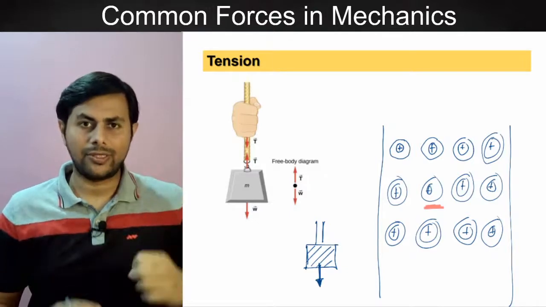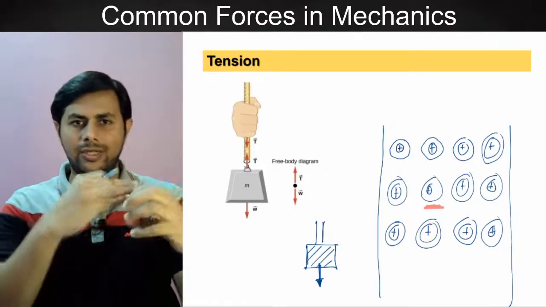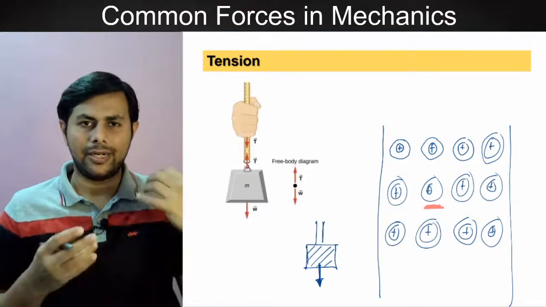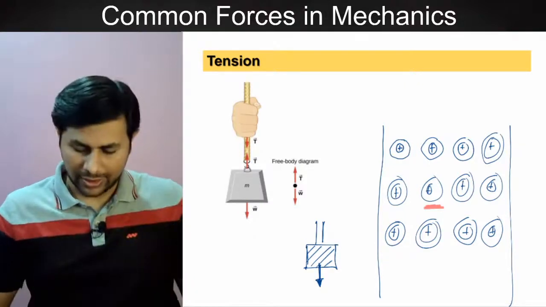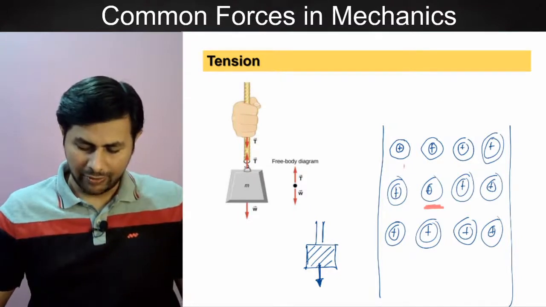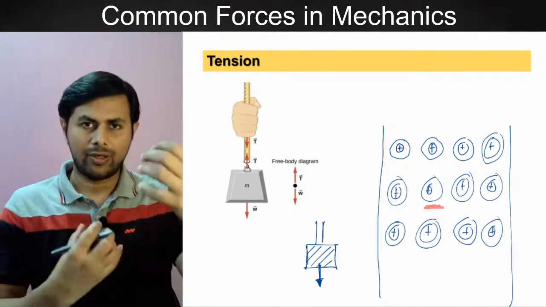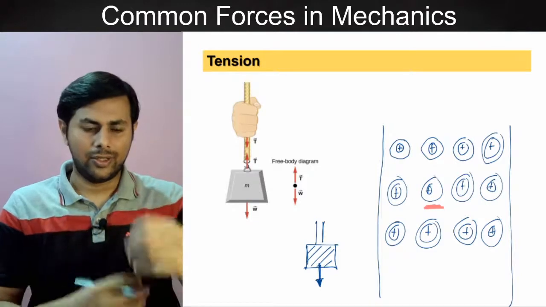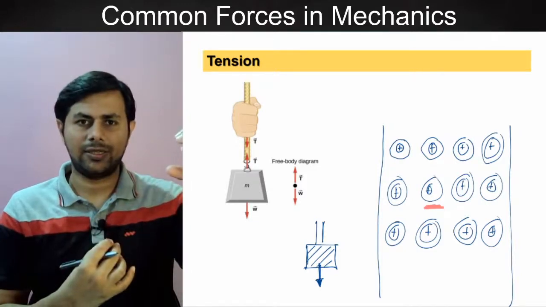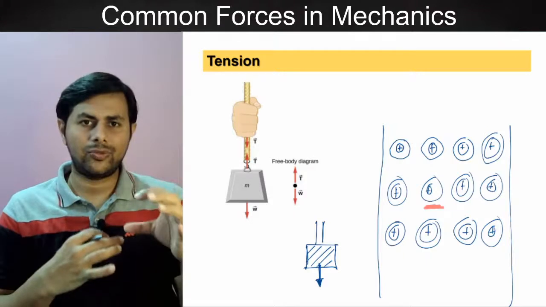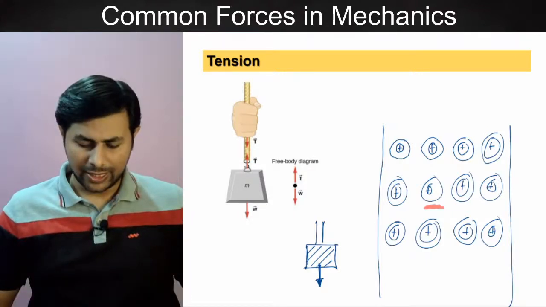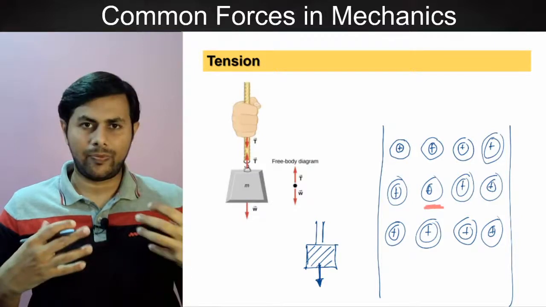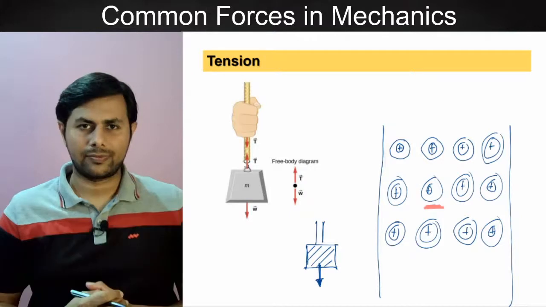So the distance between these molecules increases a little bit, and that's why now molecules want to restore their initial distance, their equilibrium distance, so they attract. So when distance increases, then the attractive force dominates the repulsive force. There will be an attractive force now between these molecules.